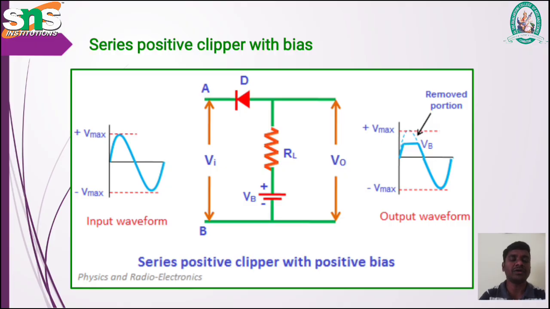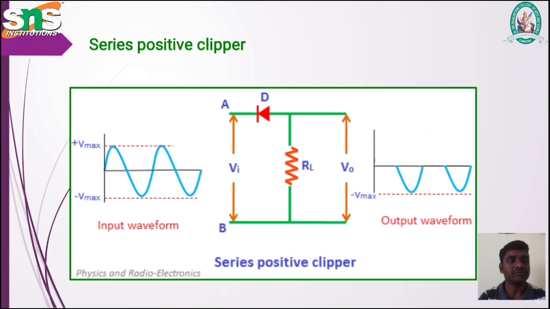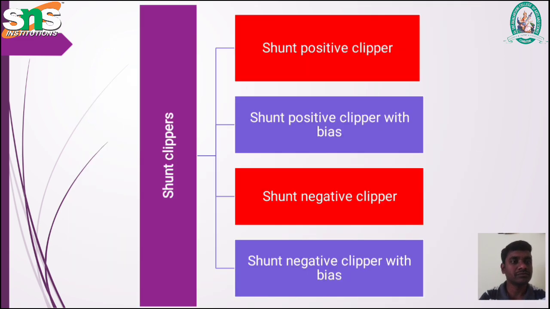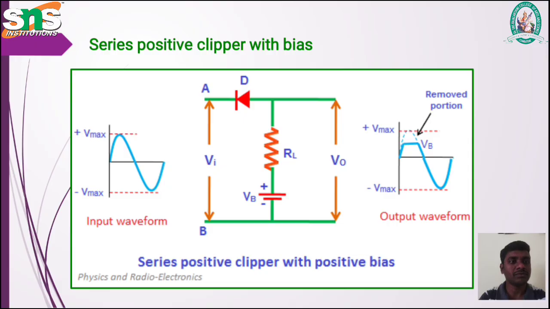Now we supply a sine input waveform. If we supply positive bias, we will get the waveform like that. Here this part of the waveform is removed. The dotted line waveform is removed, and the remaining waveform we get.